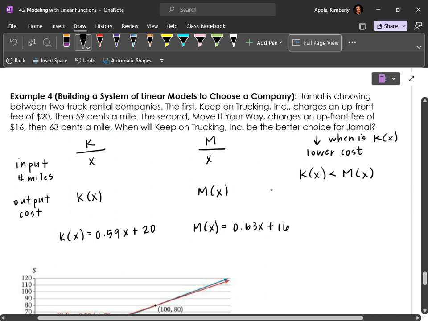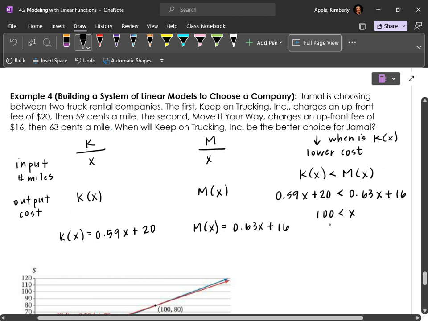That's fine, because we have these expressions for both. So we'll just solve this inequality. K of X is this. We want to know when it's less than M of X, which is this. And then we're just going to solve and isolate X. And using those algebraic rules of solving, we're going to find that it's when X is greater than 100.